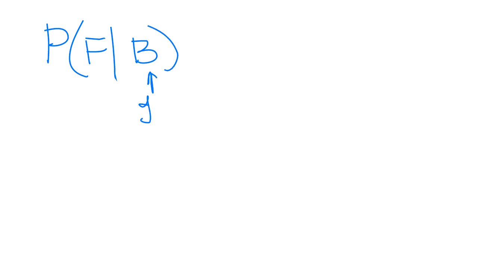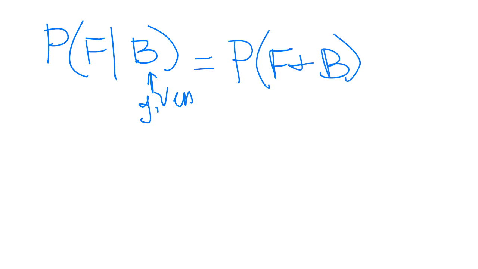Hold on. It's the probability you play football given you play baseball. This part's given. That's the question. And the formula is the probability you do both divided by the probability you play baseball.